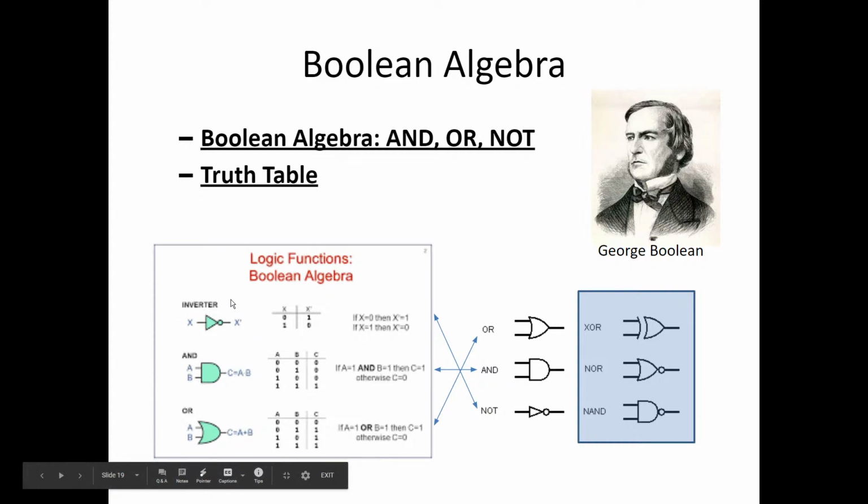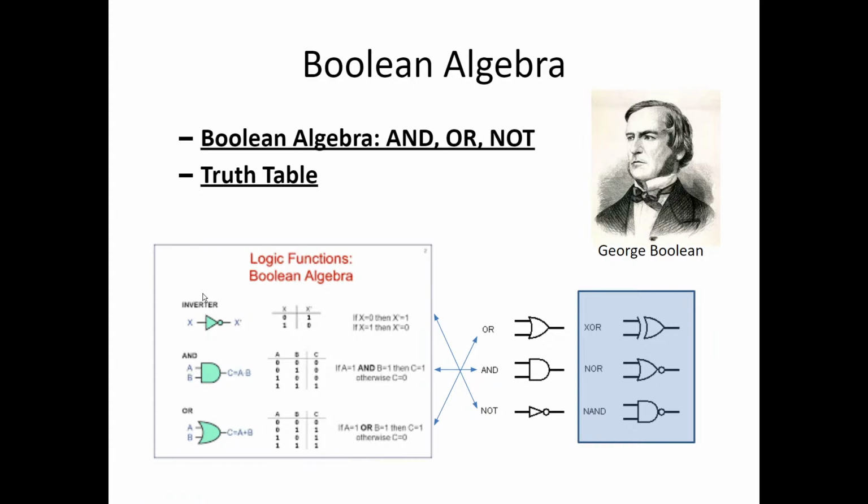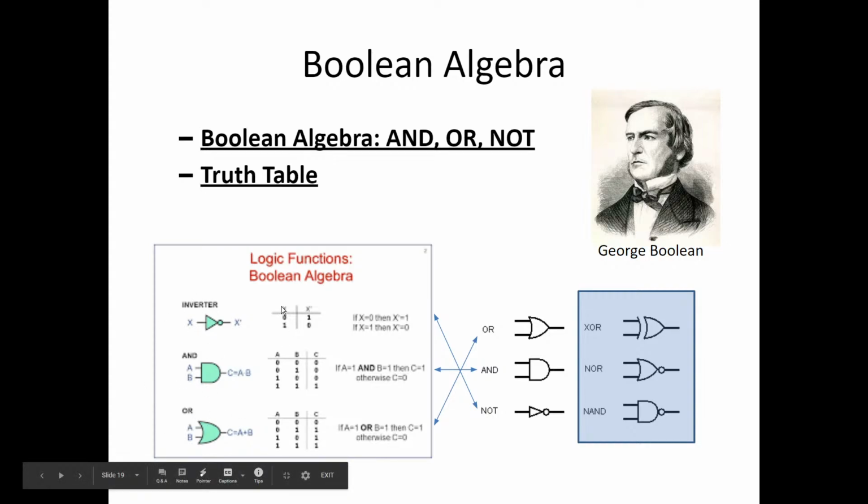Although you won't actually need Boolean algebra in your real life or programming, you will need to kind of know this in order to understand how the computer works and how it performs these binary calculations. So just take a look at these for 1 second, and I will start talking about these truth tables.